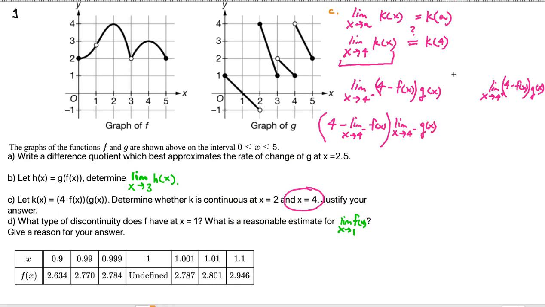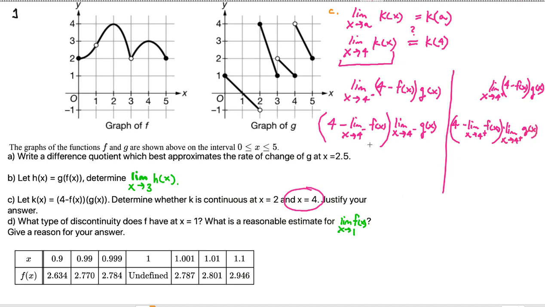You get something similar for the limit in the other direction: 4 minus the limit as x goes to 4 from the right of f of x times the limit as x goes to 4 from the right of g of x.